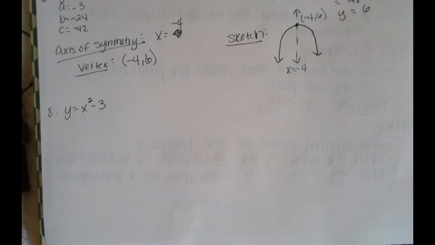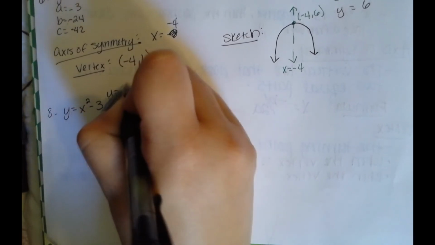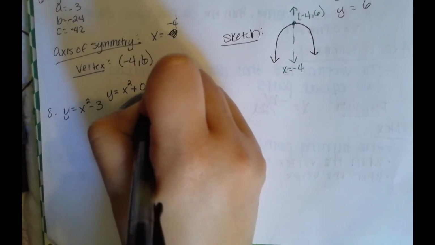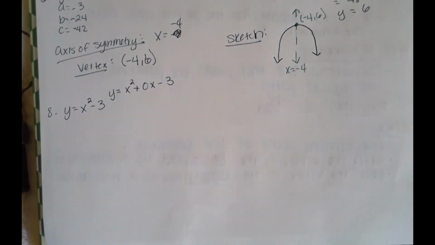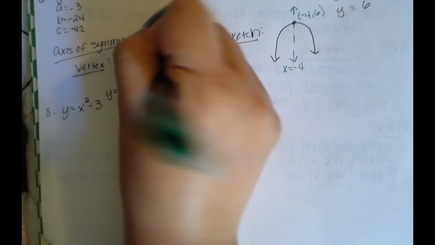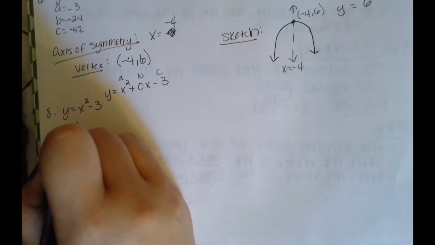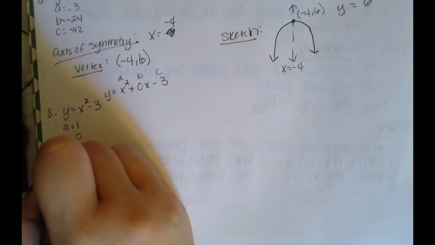When it's missing a term like that, that just means that the number in front of it is 0. So you could also rewrite this as y equals x squared plus 0x minus 3. And then you can see your 3 terms, a, b, and c. So a is a positive 1, b is 0, and c is a negative 3.